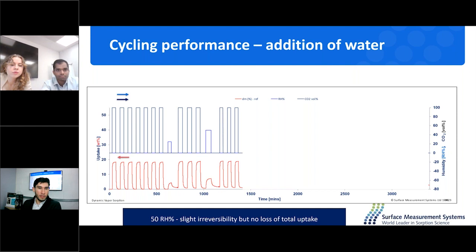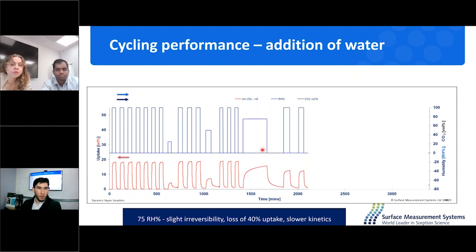Same thing at 50% RH. When we introduce 75% RH, we see an increase in the kinetics, and we also see a loss of uptake, maybe around 40% in CO2. And we also see an increase in the time constant, so it takes longer after exposure to 75% RH.